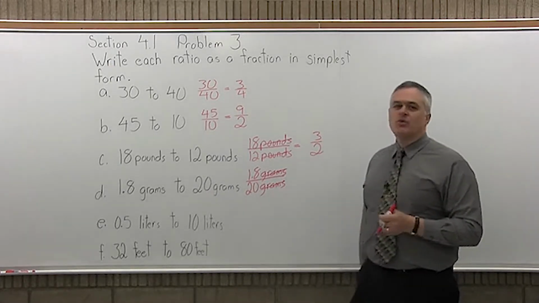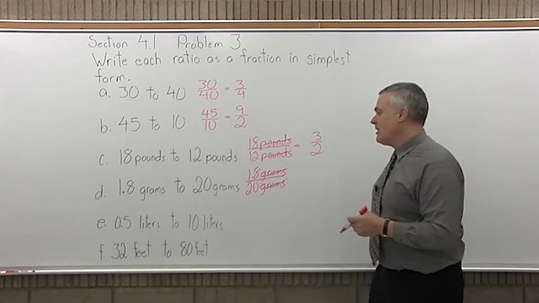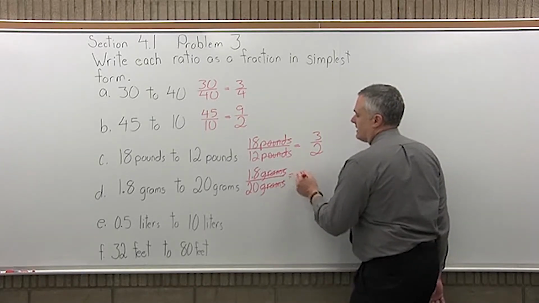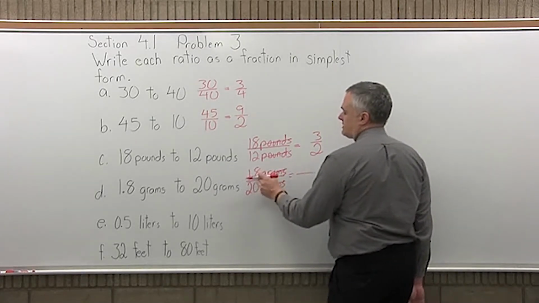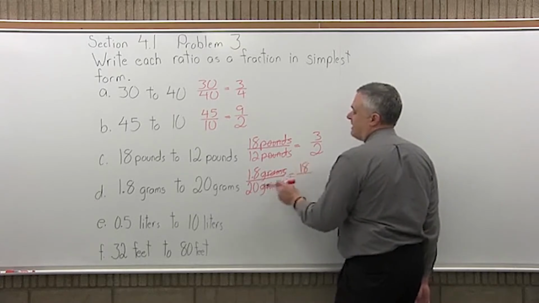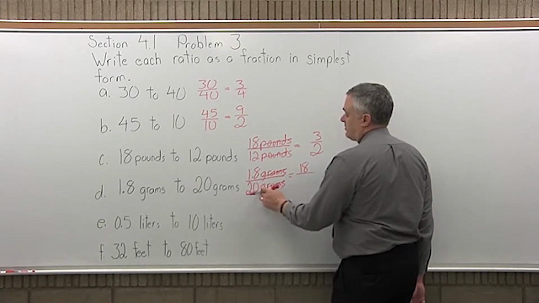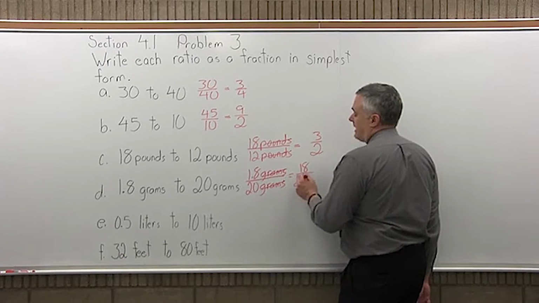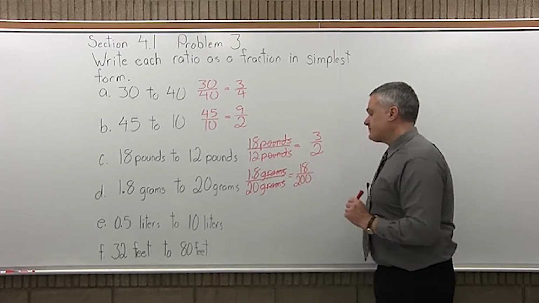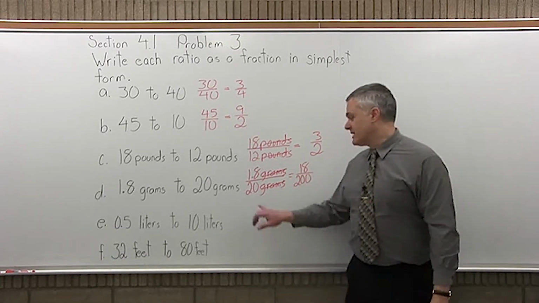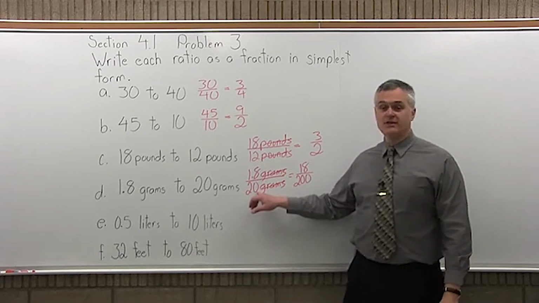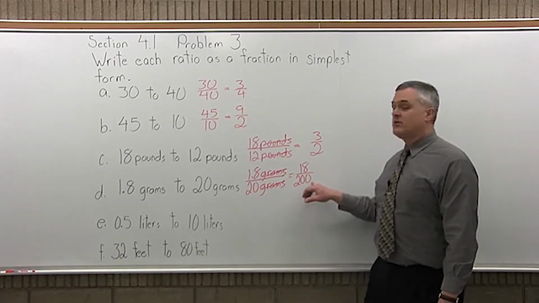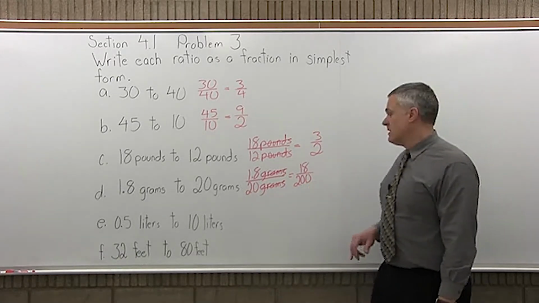One is a decimal, one is not. So in the numerator, move the decimal one spot and make it an 18. As many spots as we moved it in the numerator, we must move the same in the denominator. That 20 doesn't have a decimal written, but you can assume it's at the end. If we move one spot, it will make it a 200.